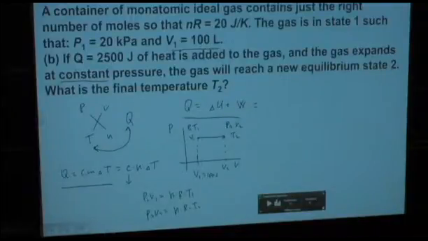Well, no. So the number of moles doesn't change, stays the same. And so two more equations.